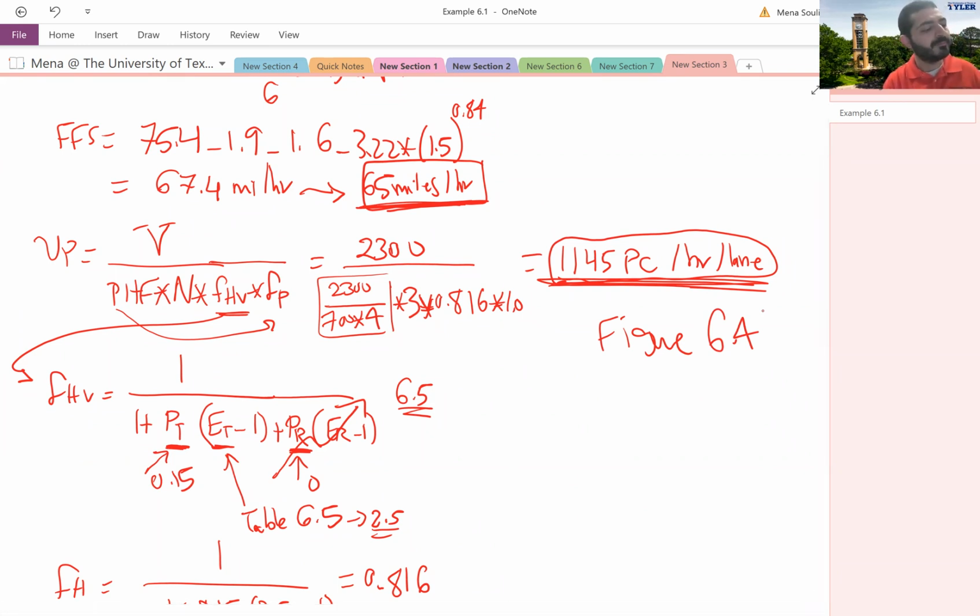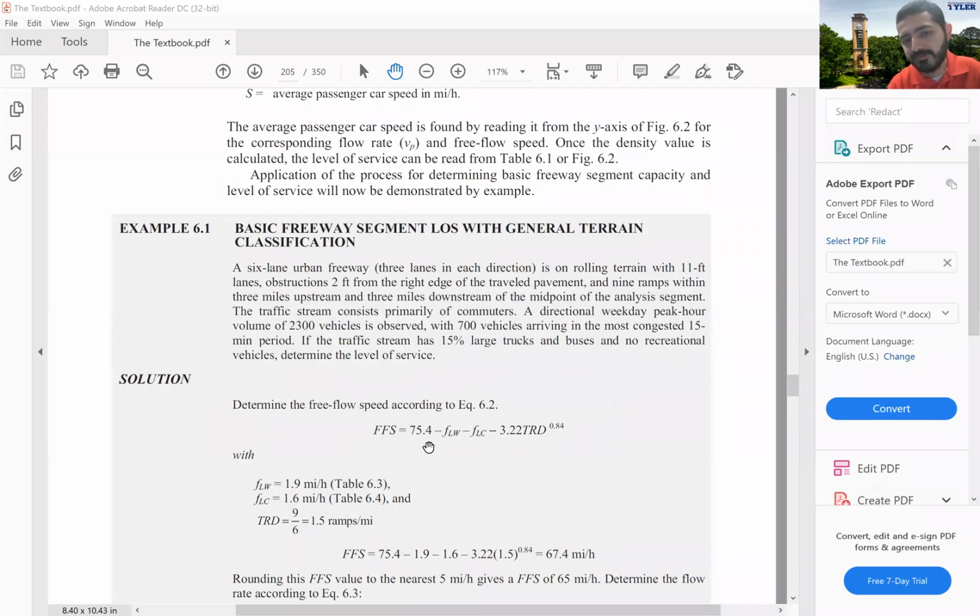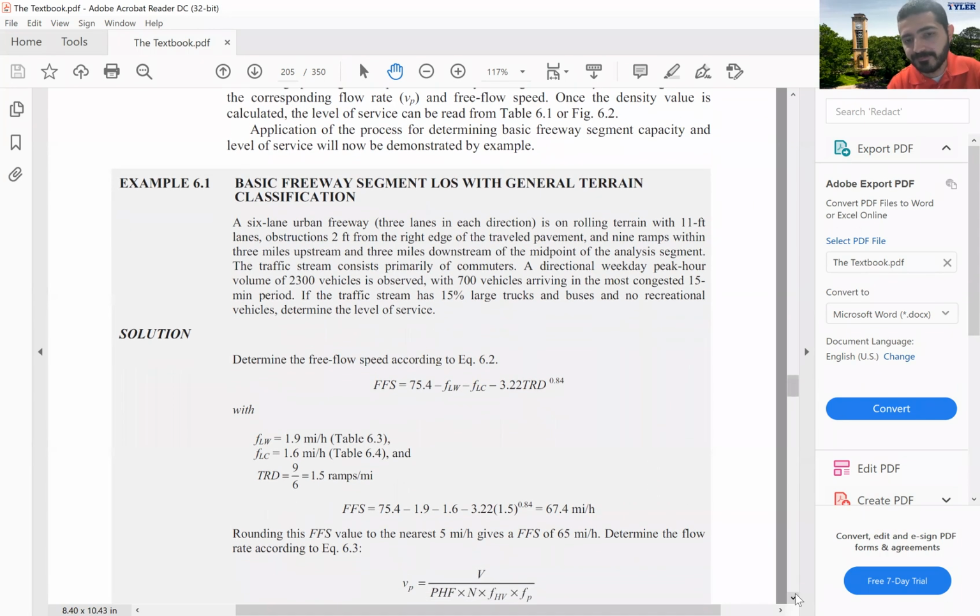So really now what we need to do, let's go back to the textbook to check our numbers first. So the free flow speed again is 75.4 minus FLW minus FLC minus 3.22 TRD. We've gone through that calculation.